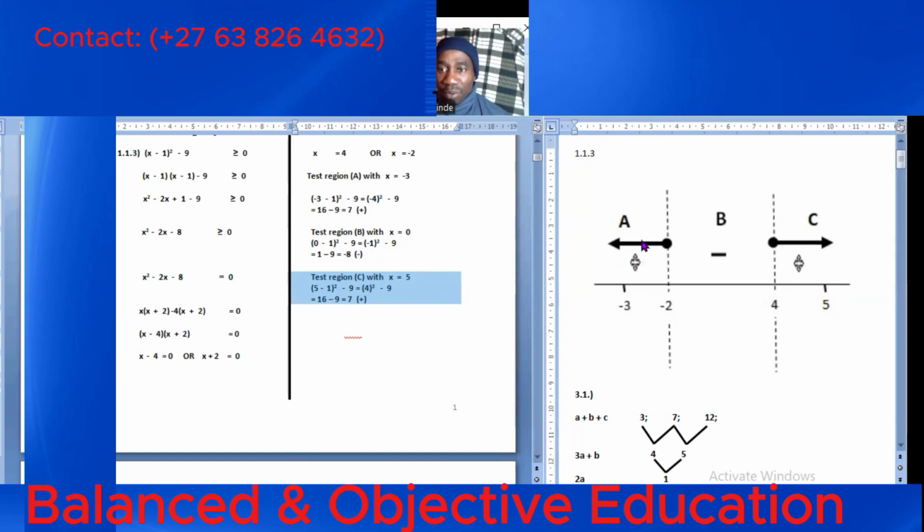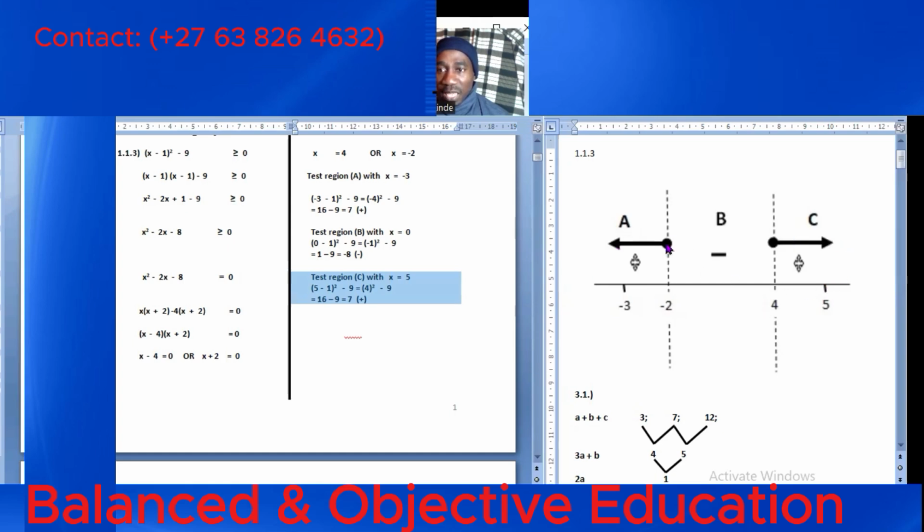So you can see for region A and region C, the inequality would be positive. And those two regions satisfy this inequality here. So that is why you saw that this arrow is going to the left of -2, and it's also going to the right of 4.